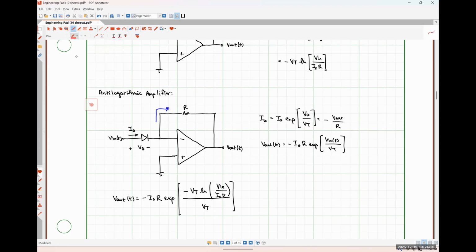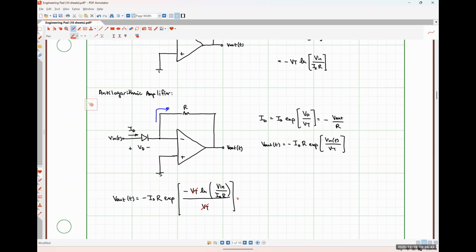So I see that my VTs cancel out. So what's the exponential of the natural log of Vn over Is times R? Negative Vn over Is times R, right?